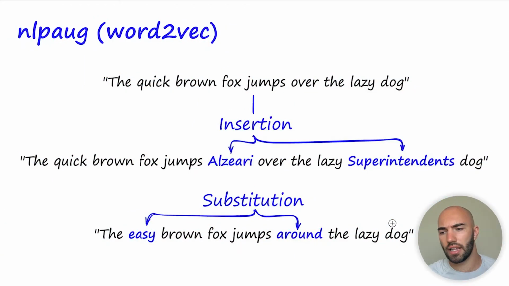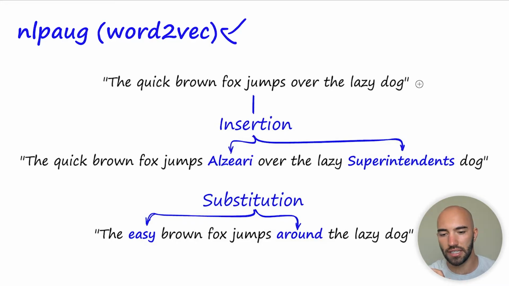There is a library called nlpaug, which I think is very good for this sort of thing. It's essentially a library that allows us to do data augmentation for NLP. And what you can see here is two methods using word2vec vectors and similarity.